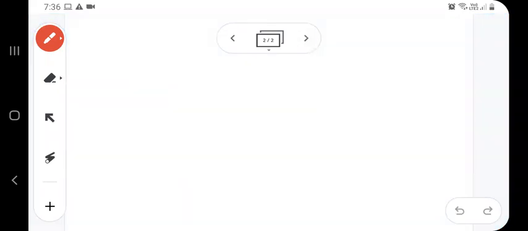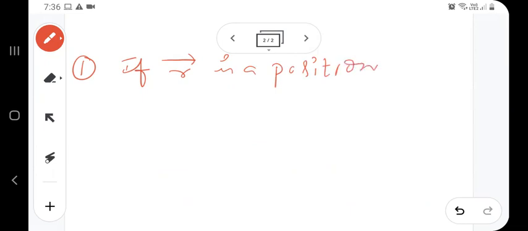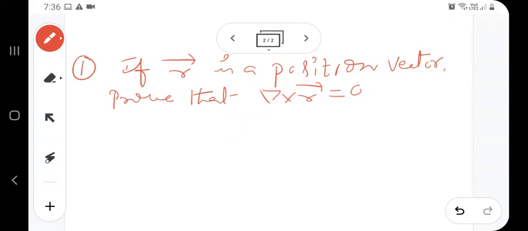The first problem: if r bar is a position vector, prove that del bar cross r bar equals 0, that is, curl r bar equals 0.